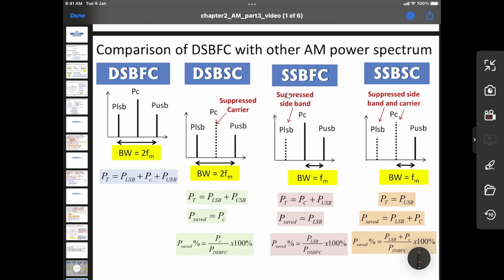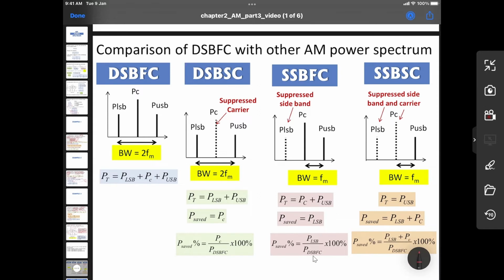Same thing with the single sideband full carrier. In this case, we suppress just one sideband. When we suppress one sideband, we can save the bandwidth, and we can also save the power. On the one that we suppressed, we still have the carrier and also the sideband.